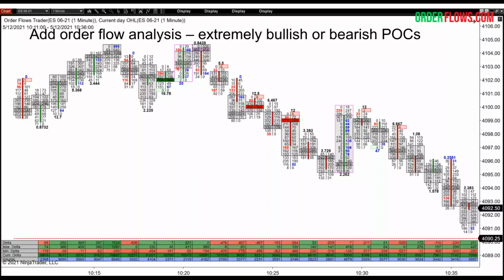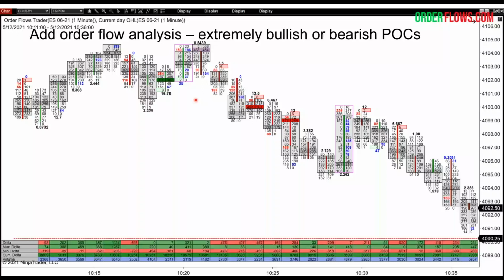So even if you're getting long in here, the fact that you're seeing negative POC, negative value area moves, you're seeing negative delta, you know to get out of this trade. You don't need to let it stop you out. Even if you got long at 4,100 and you have a stop at 4,100, you don't need it to come all the way down in here. As soon as you see this negative information, you could manage your trade, right?